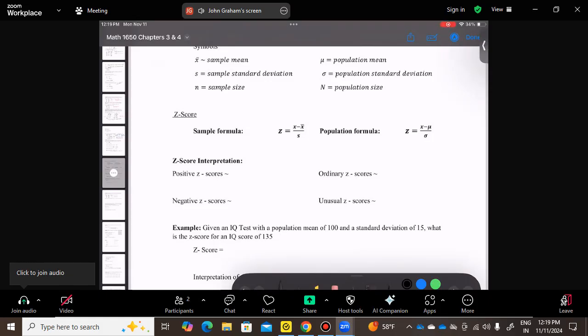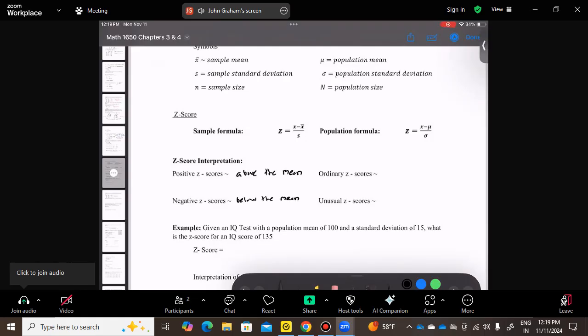When you get a z-score that is positive, it means you're above the mean, above the average. If it's negative, it's going to be below the average, or below the mean.